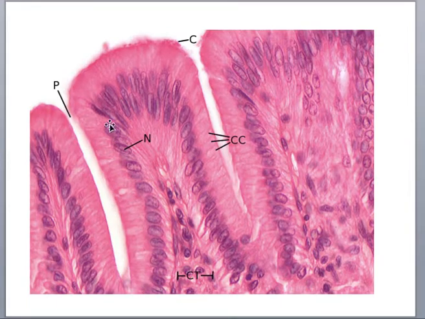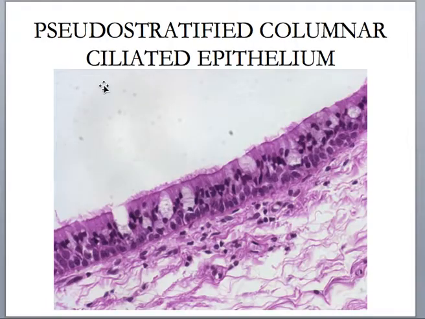So this is simple columnar epithelium. And this is actually of the stomach. Okay, so simple columnar epithelium. And all this fuzzy stuff towards the apical surface, that's all microvilli. Okay, so anywhere where you need lots of absorption taking place, because you increase the surface area, you increase the amount of absorption that can happen there. Okay, more plasma membrane, more absorption.